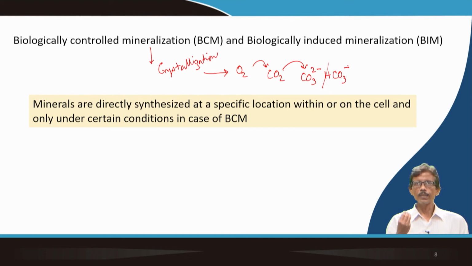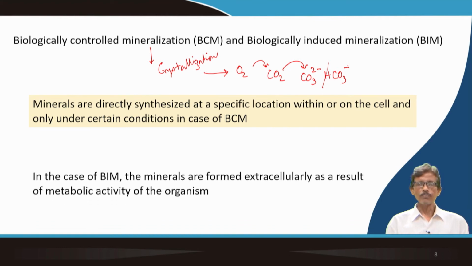So, when they are synthesized at some specific locations or on the cell, that is why the biology is coming into the picture. The biological cell is there, and under certain conditions we get the process of biologically controlled mineralization. We call it the cellular chemistry, the chemistry which is happening within the living cell.